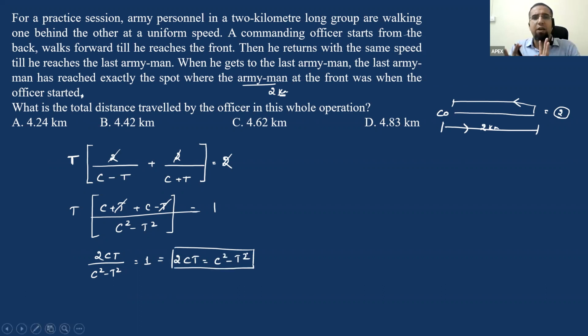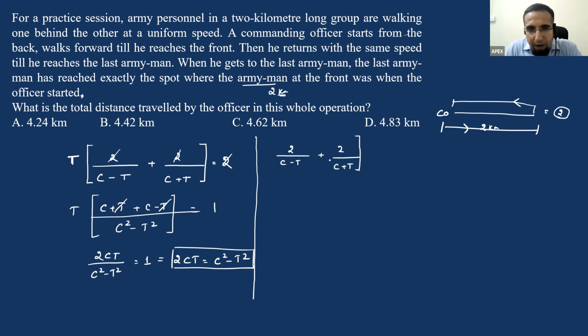Now, basis this, let's try to understand what the question is asking. In this much time, what is the distance covered by the commanding officer? Now, 2 divided by (c minus t) plus 2 divided by (c plus t), and the commanding officer is moving at a speed of c. So what do we get here, guys?